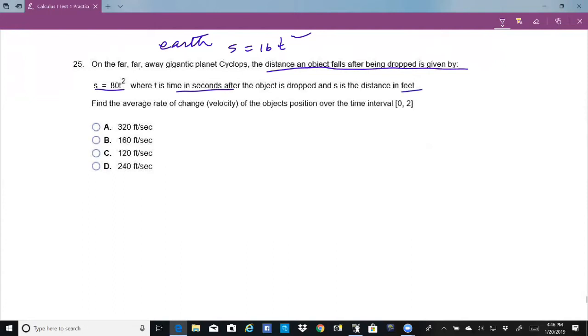We want to find the average rate of change of the object's position over the interval 0 to 2.